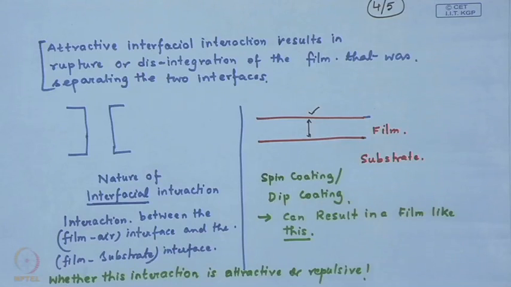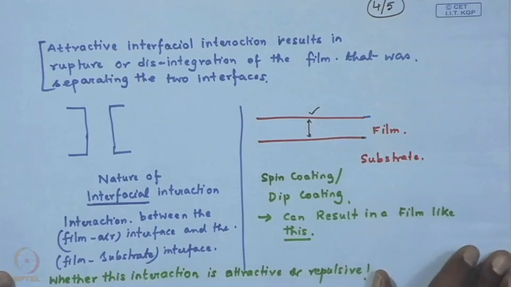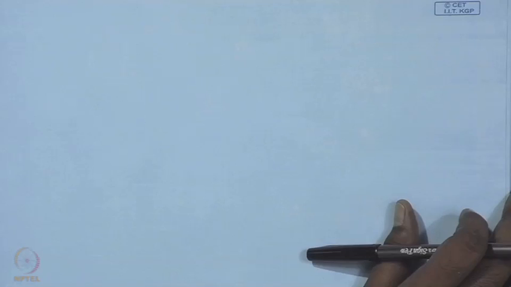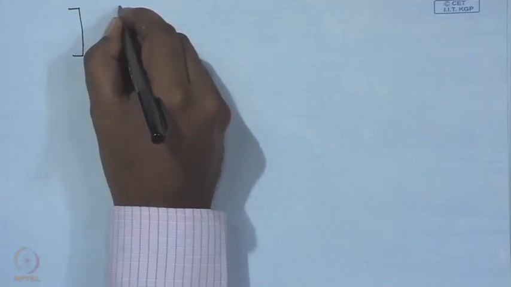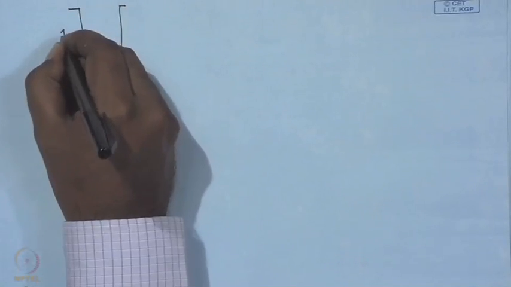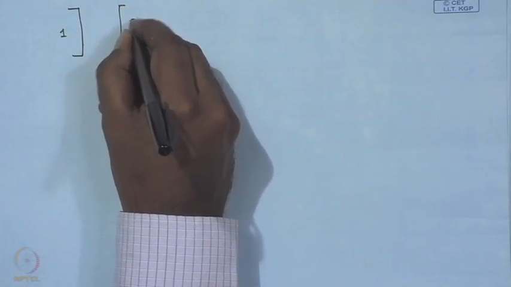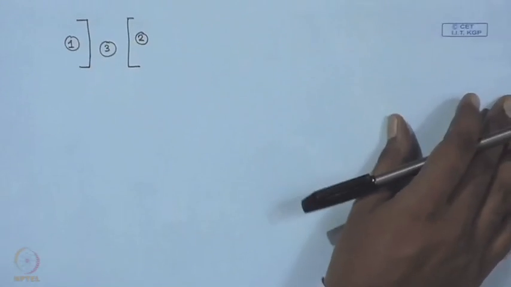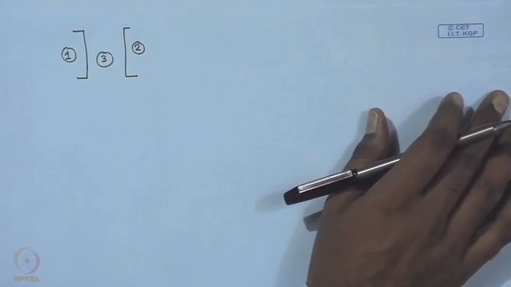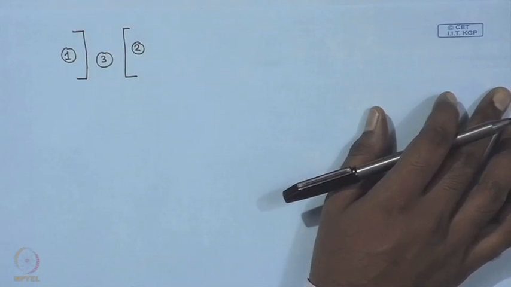But right now, we will talk a little bit about another aspect of this attachment. What we have talked about so far or drawn so far is a geometry like this, where the surfaces are sort of flat and parallel, and we have talked about the condition of their attachment.